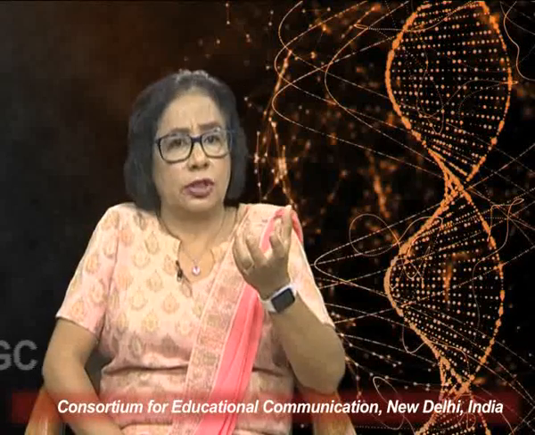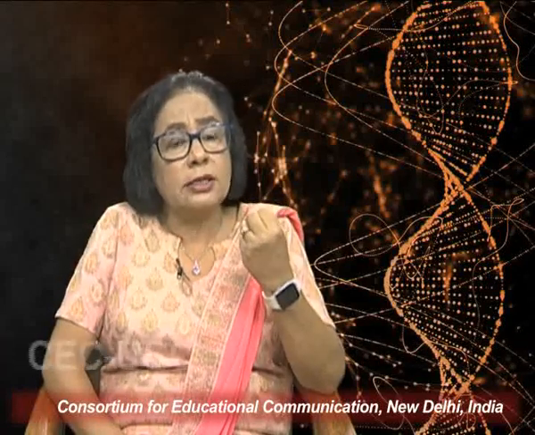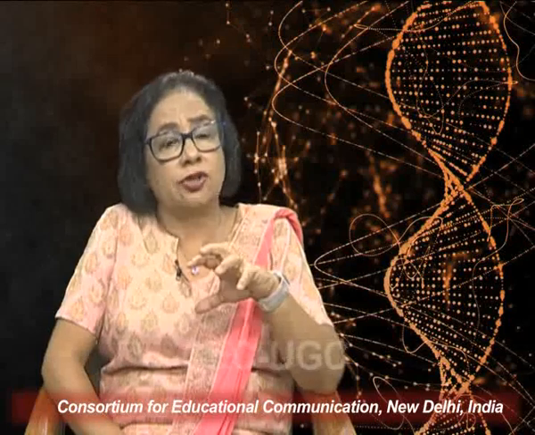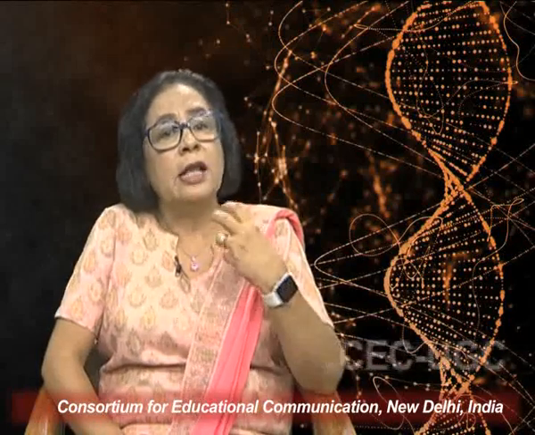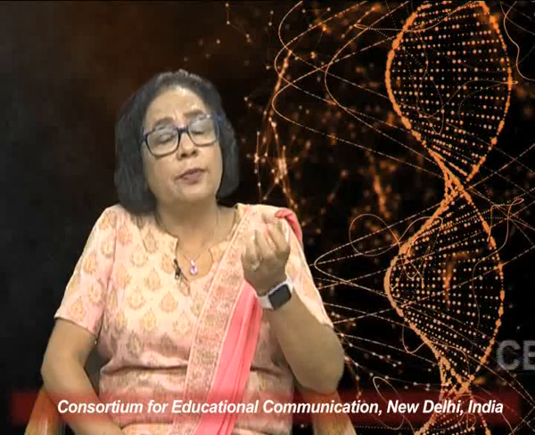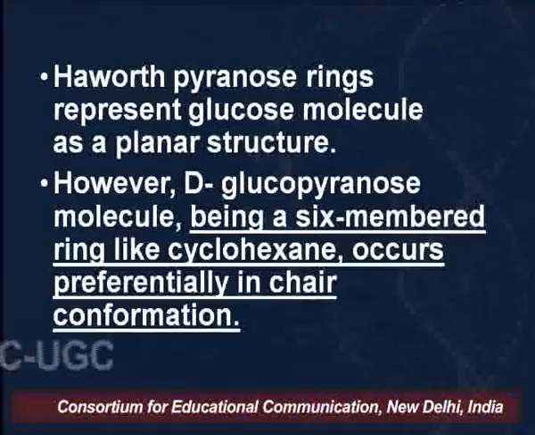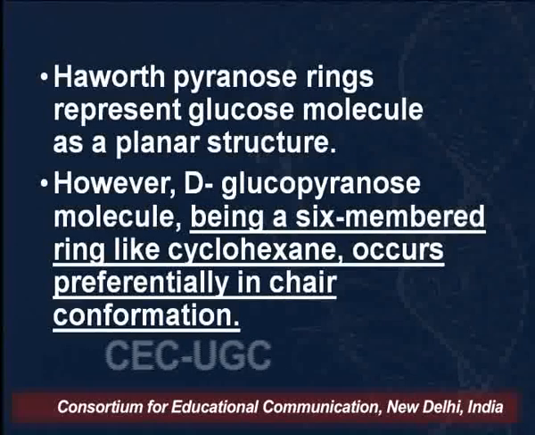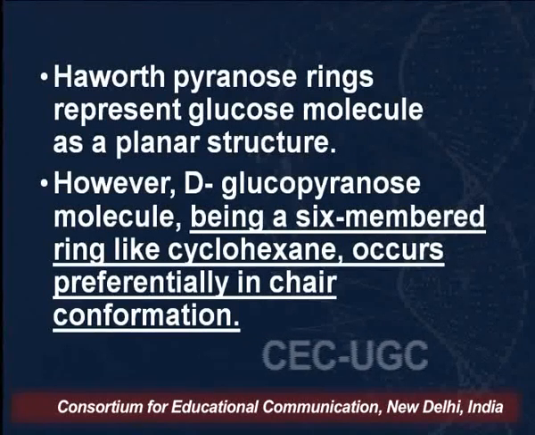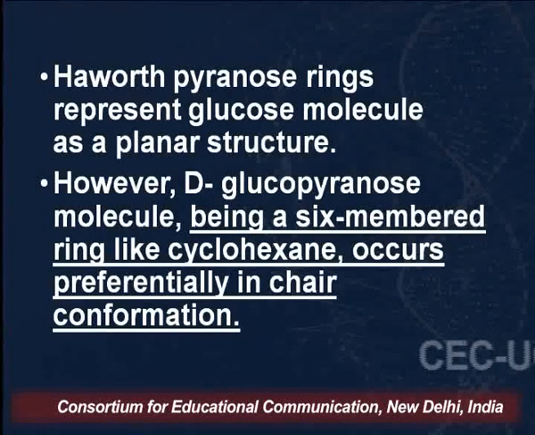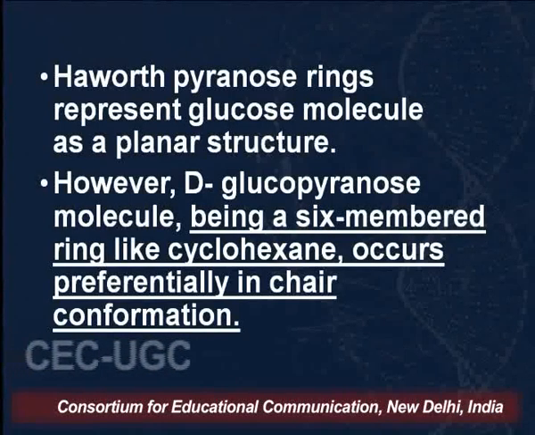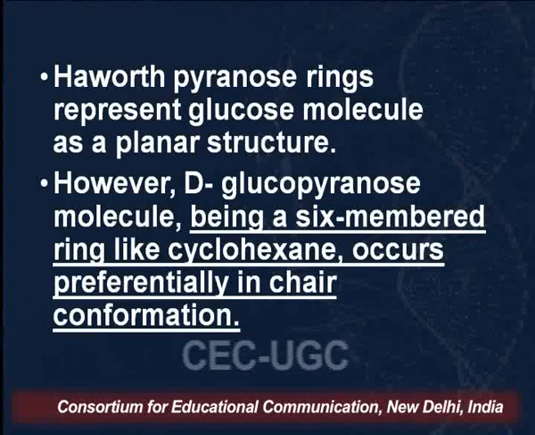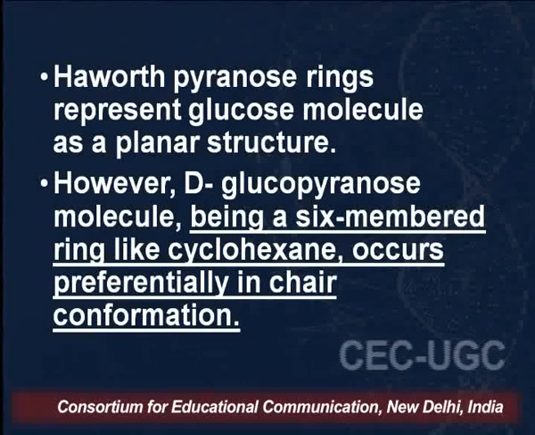But now the question arises: does glucose occur as pyranose rings in nature? Ask yourself that question. When we look at the Haworth structure, we find that Haworth's pyranose rings represent a glucose molecule as a planar structure, as you've already seen. But we know that this glucopyranose structure is a 6-membered ring, so its structure should be similar to that of the hydrocarbon cyclohexane.